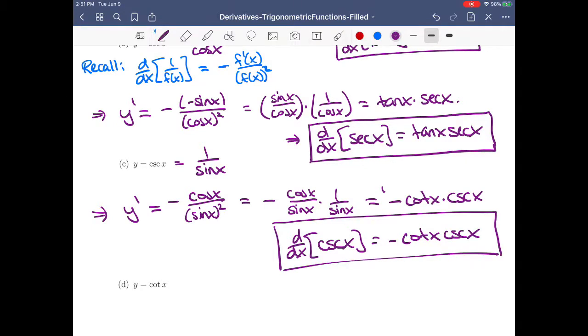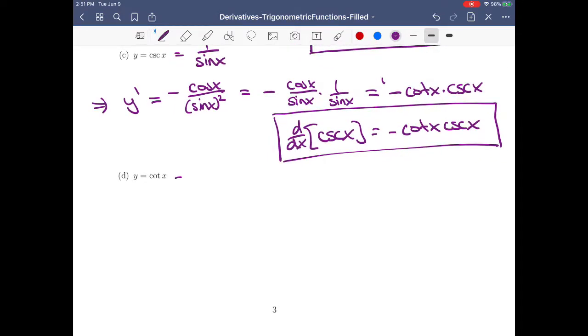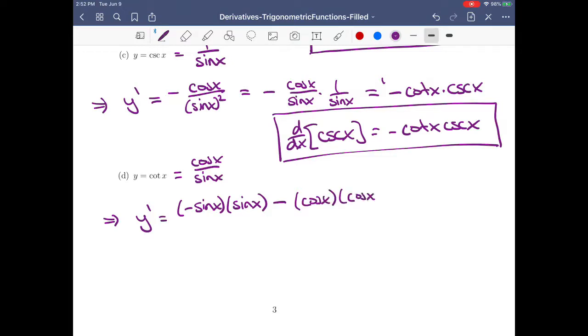Okay, last one. So cotan is cos x over sine x. So we're going to use the quotient rule. The derivative of the top is negative sine x times the bottom, which is sine x, minus the derivative of the bottom, which is cos x, times the top, which is also cos x, all over the bottom squared.